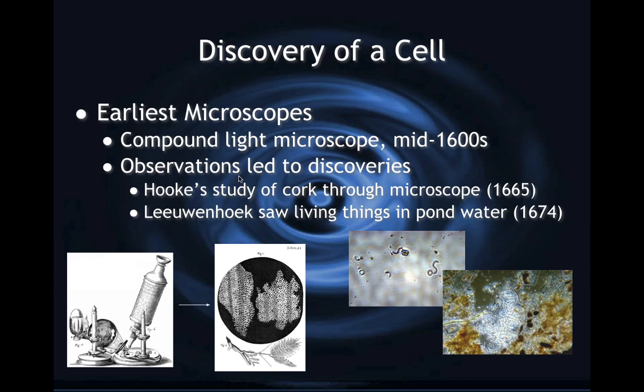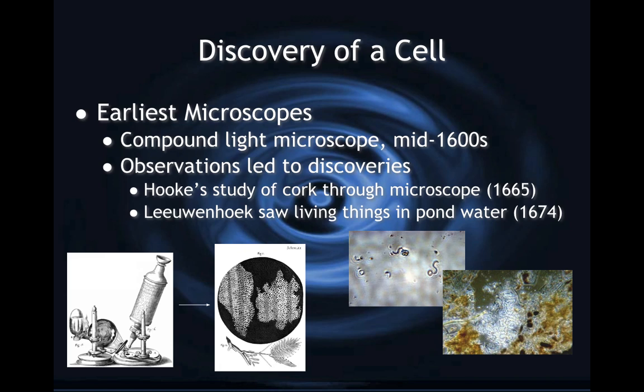Okay. Then we looked at the discovery of the cell, and we looked at Hooke's study of cork through the microscope. Hooke saw that the cork looked like it was made up of, he described them as being little rooms. And the idea of little rooms in Latin is the same word as cell.